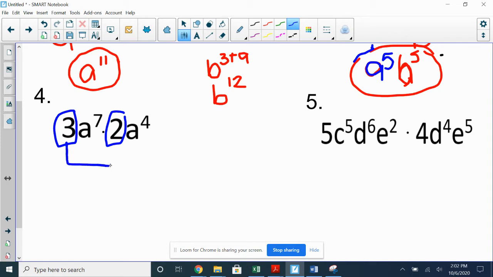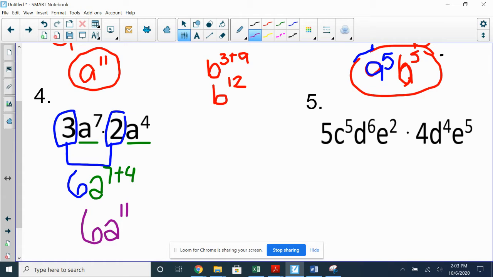So I know 3 times 2 is going to give me 6, and then we are still just with our A, keeping that matching base and adding our exponent. So I have 6A to the 7 plus that second A to the 4, because that's our matching base. And when I combine it, we're going to keep our 6, and A to the 7 plus 4 is going to leave me with A to the 11.